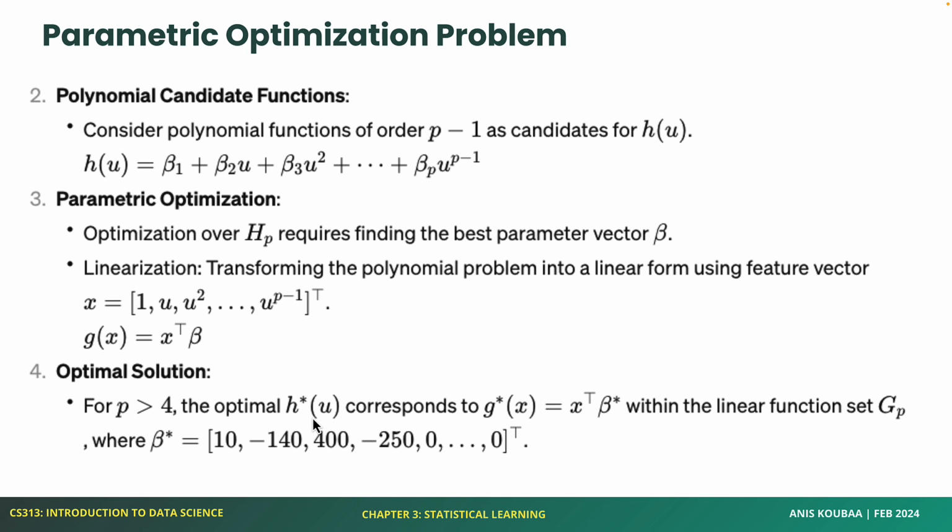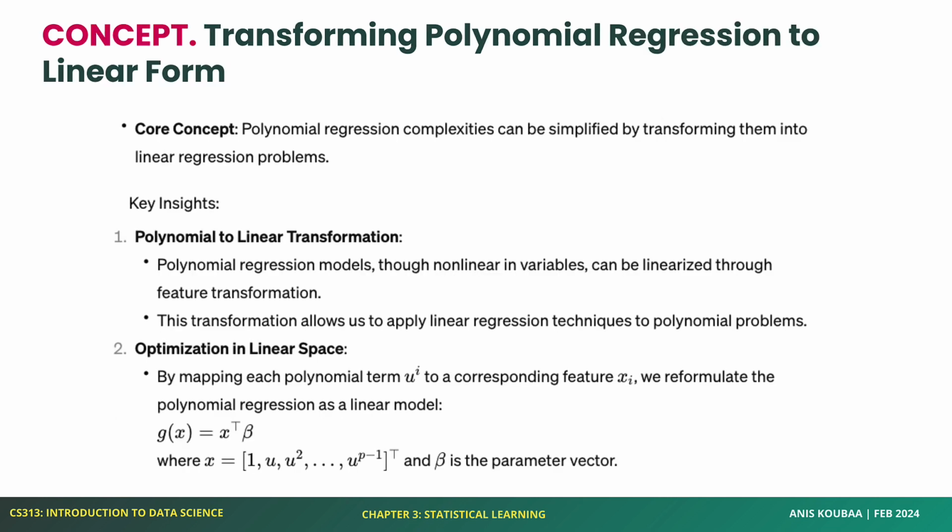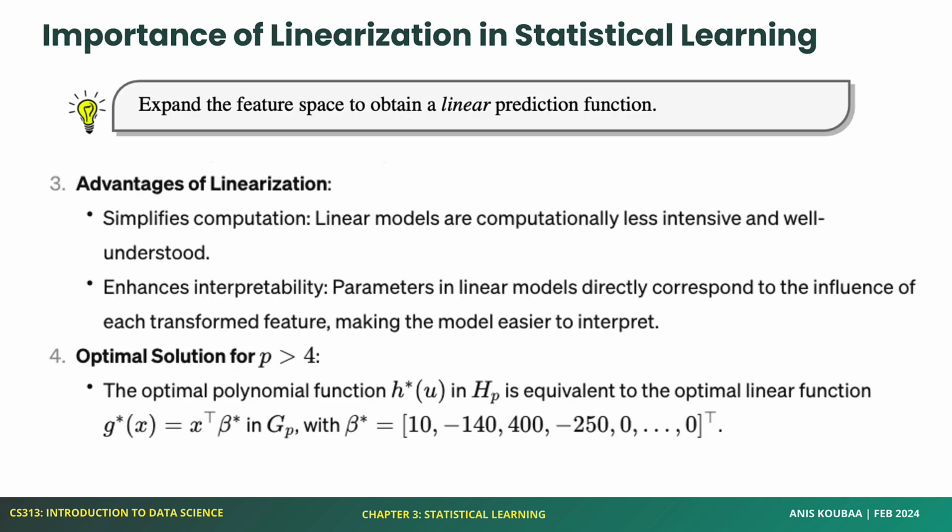For this particular problem, for example, we can find that for p greater than 4, this is the optimal solution. Now, we want to learn how we can find the optimal solution using this type of representation. The main concept, as already explained, is to transform the polynomial regression into a linear equation.